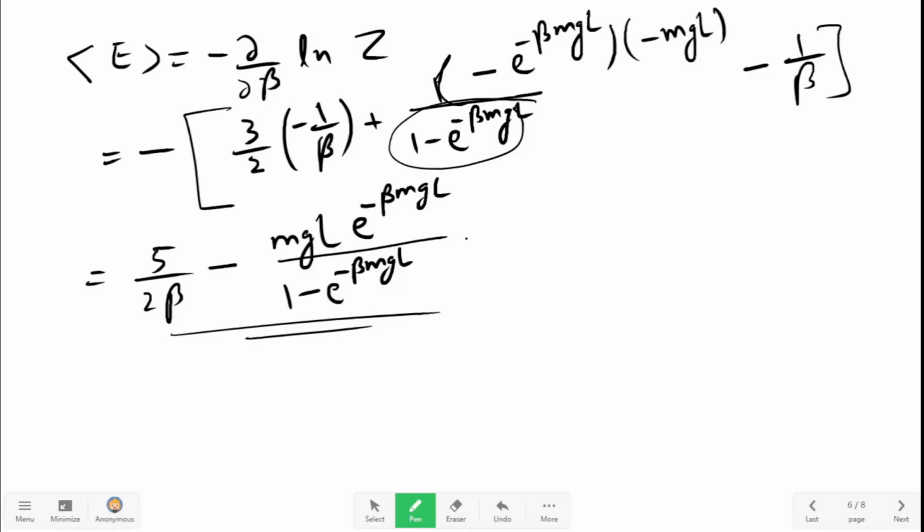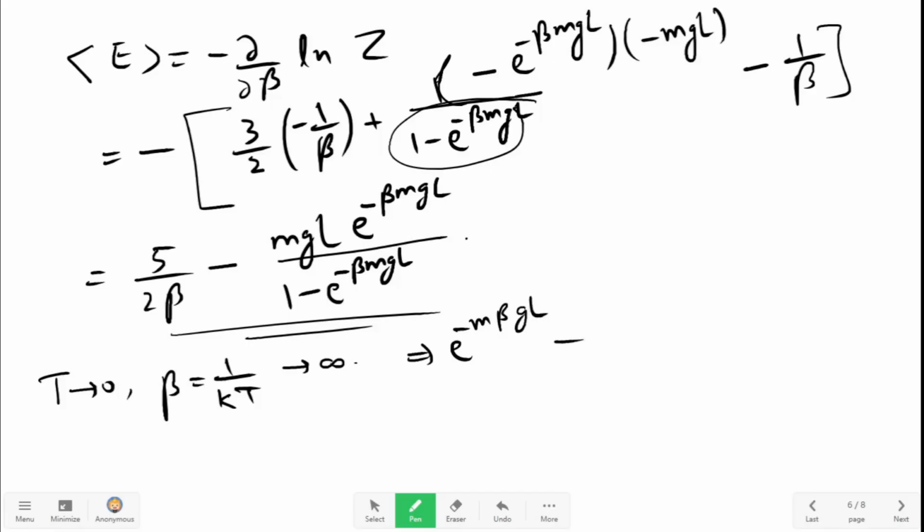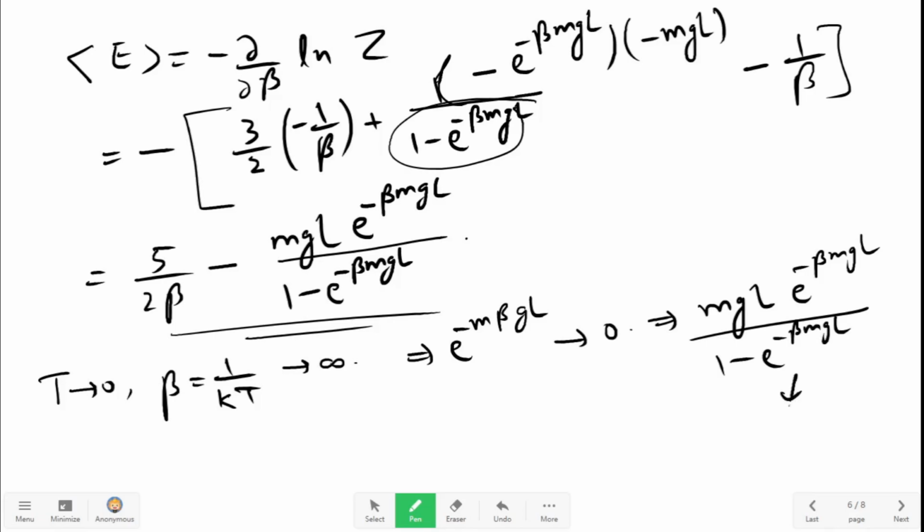Now let's check the behavior of the average energy when T is tending to 0. When T tends to 0, β equal to 1/kT tends to infinity. This implies e raised to minus βmgl tends to 0. This implies the term mgl e raised to minus βmgl divided by 1 minus e raised to minus βmgl is tending to 0 and this is also tending to 0.